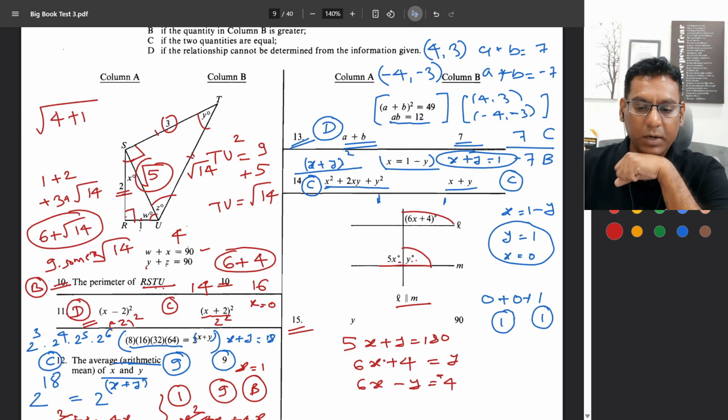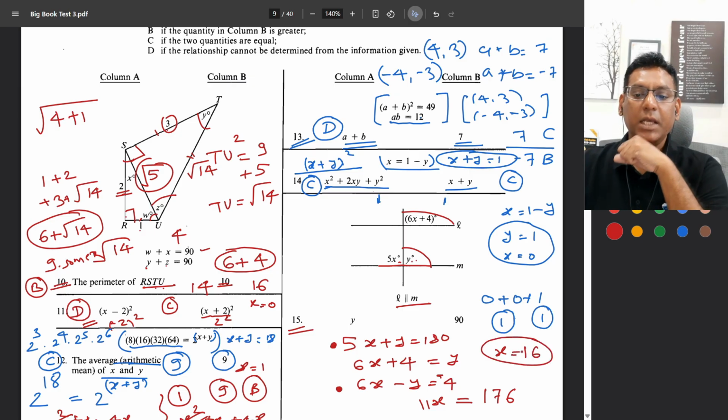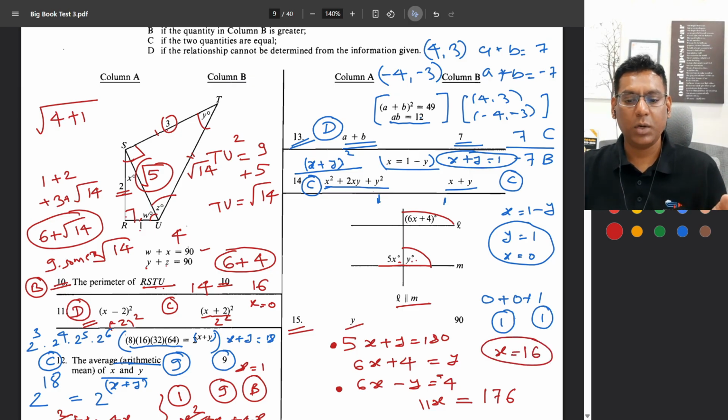Why did I get it minus y? Because then I can add this and this together. Right, so what do I get? I get 11x, y plus minus y will get cancelled. 11x is equal to 180 minus 4, which is 176. So x comes out to be 16. If x comes out to be 16, what is y?